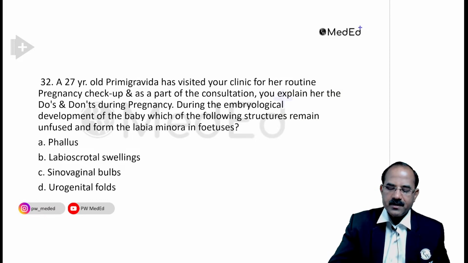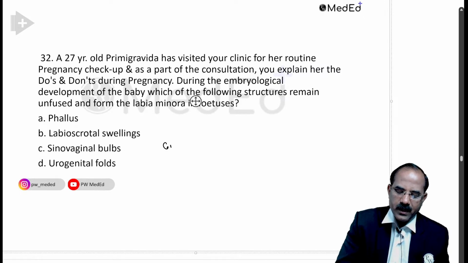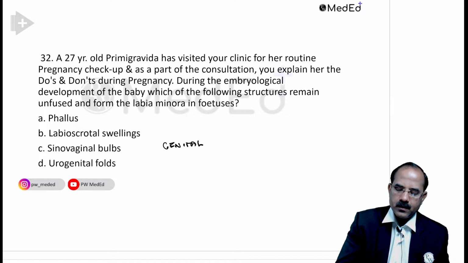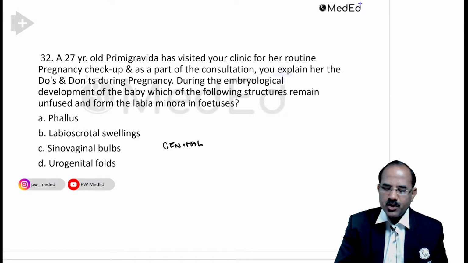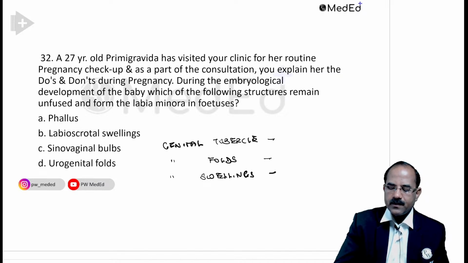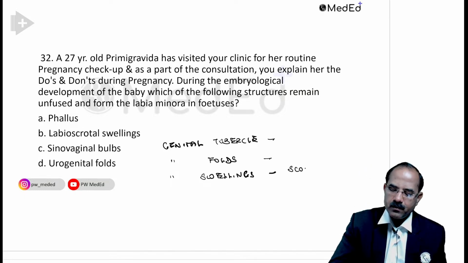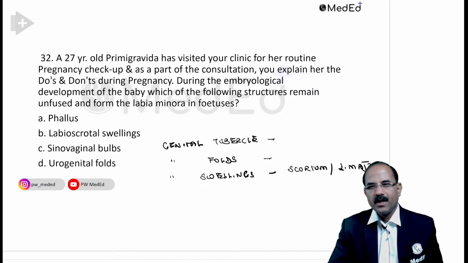So just remember it like this. Just remember this much, what I'm telling you. One is genital tubercle, genital folds, and genital swellings. Just remember these three. Genital swellings, what do they form? In males the scrotum, and in females the labia majora.